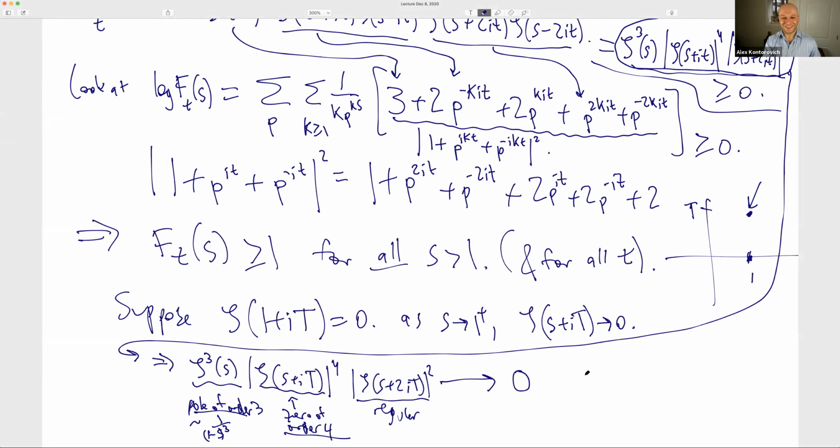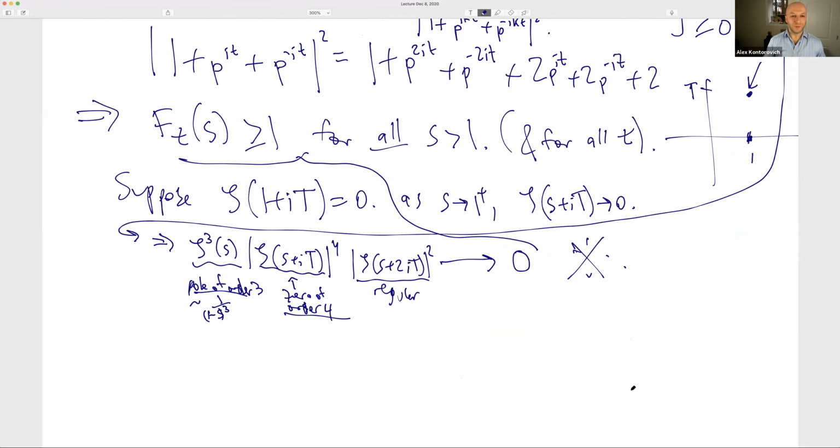Except, it's always at least 1. Contradiction. And so with a little bit more work, that's basically the argument. That's Hadamard factorization.